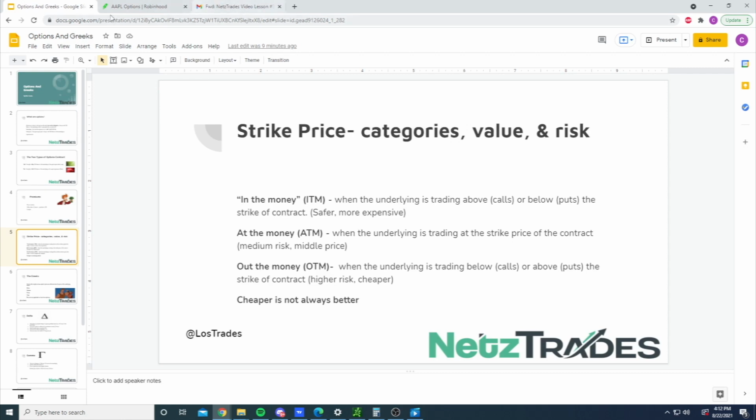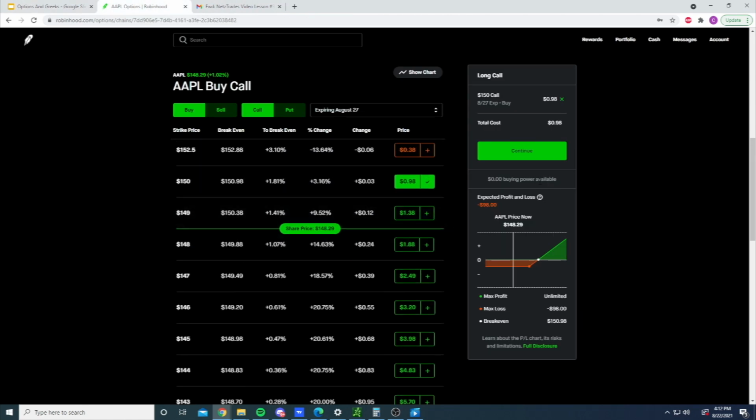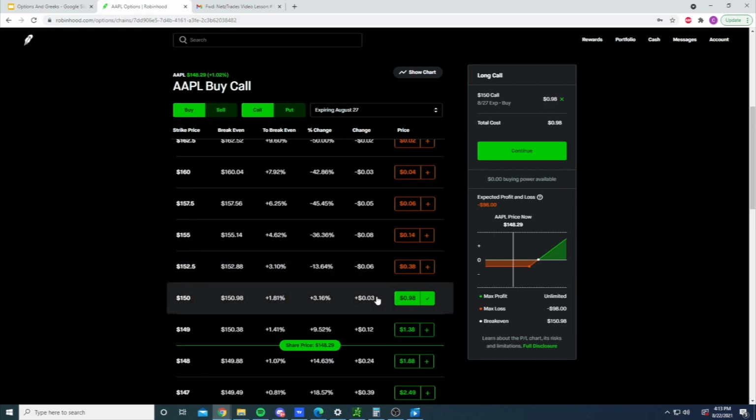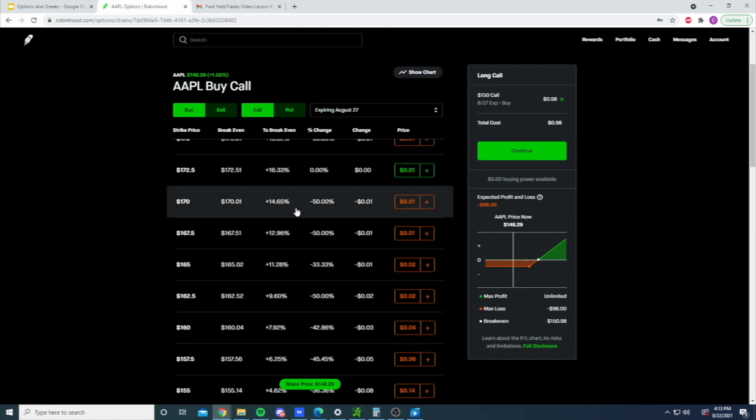Just to give another look at it, we're going to go back to Robinhood here. On Robinhood, you can see that they show a green line, and most brokerages will have a separation line showing where the underlying is currently at. You can see that Apple is here at 148.29, meaning anything above this line is out of the money. The premium for out of the money contracts decreases drastically the farther up you go.